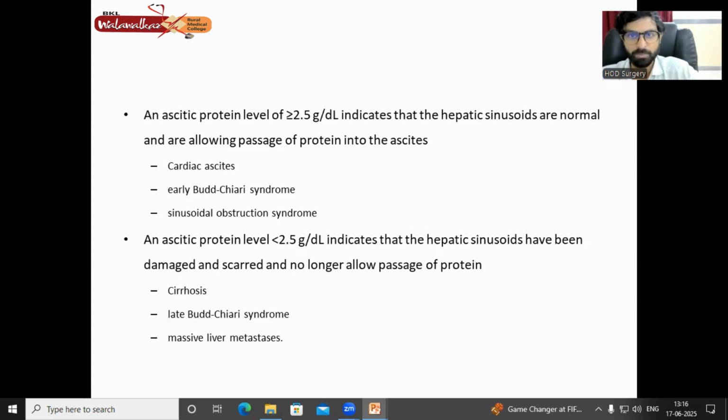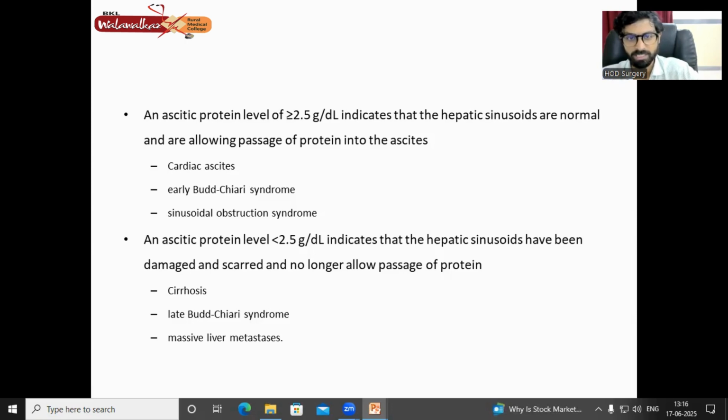So another important thing that we have to consider is the ascitic protein level. So ascitic protein level of more than 2.5 indicates that hepatic sinusoids are normal and are allowing the passage of protein into the ascitic fluid.